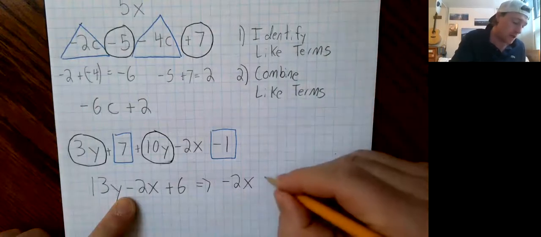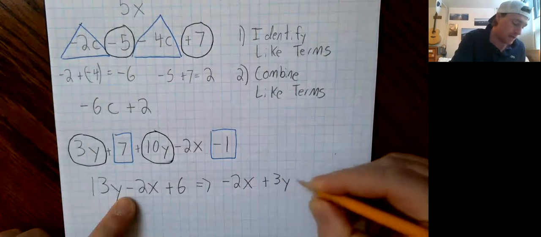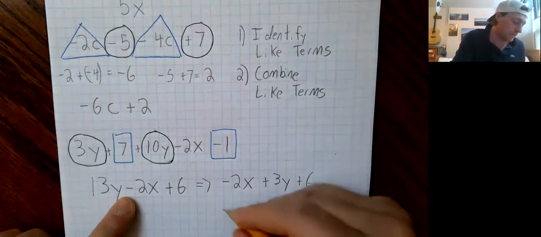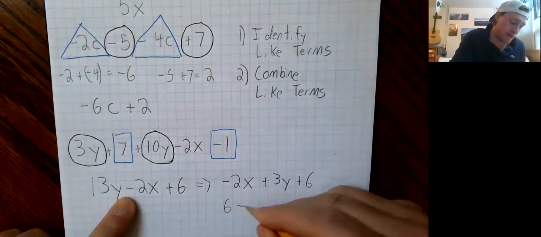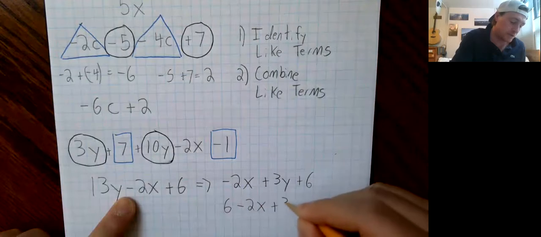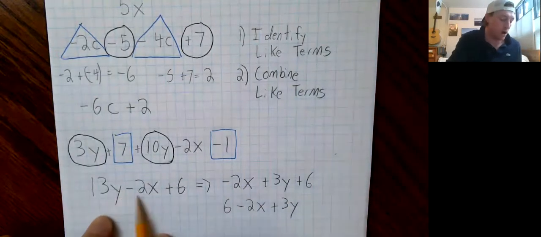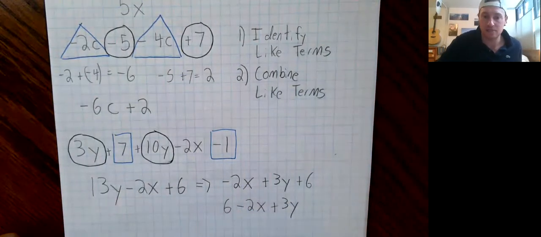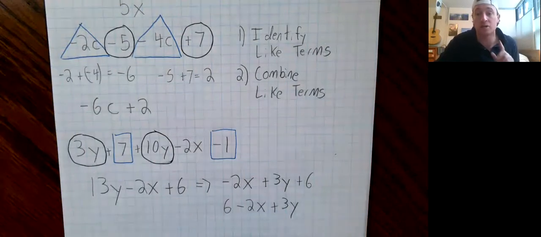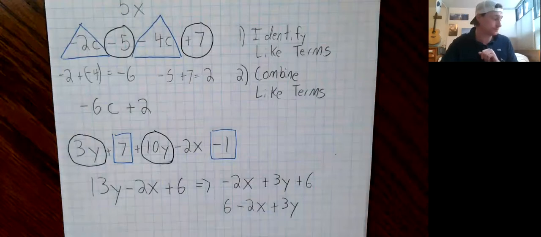So negative 2x plus 13y plus 6. I could have written it as plus 6 minus 2x plus 13y. These are all equivalent expressions because remember, order does not matter as long as you're keeping track of all those negative signs and making things negative.